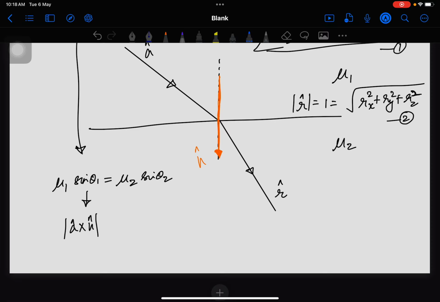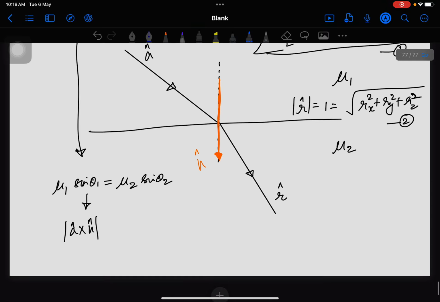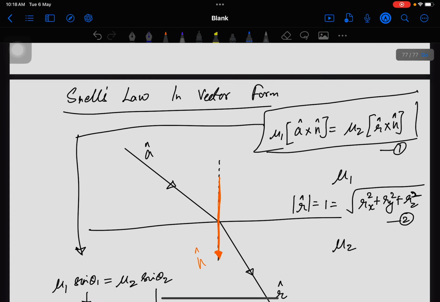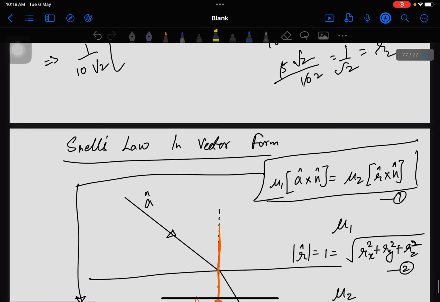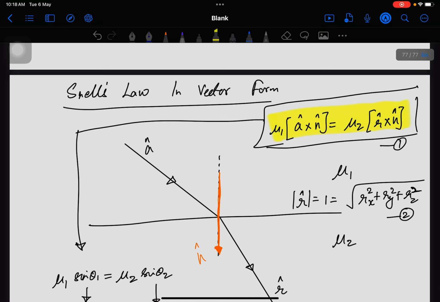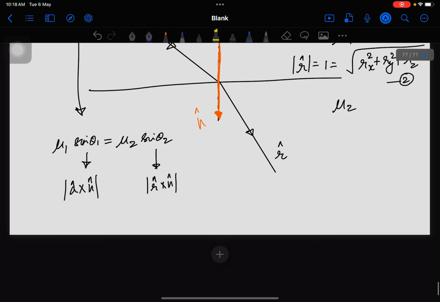That is your sine of theta itself. We are just using it in the vector form. Similarly, sine of theta 2 is given by the magnitude of r cap cross n cap. Now in order to make this a vector equation, you just remove the magnitude signs on both sides. You will get this vector equation, called equation number 1.